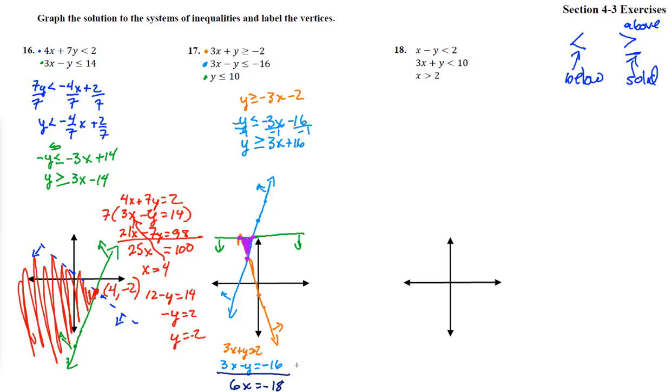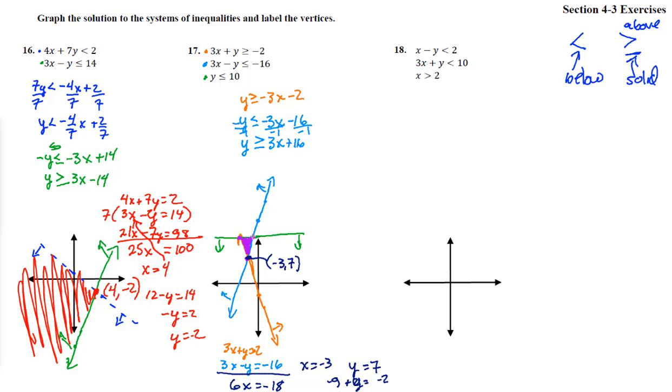So x equals negative 3. Then if we stick this in right here, we have 3 times negative 3 is negative 9, plus y equals negative 2. Add 9 over and we get y equals 7. So this point right here is negative 3, 7.